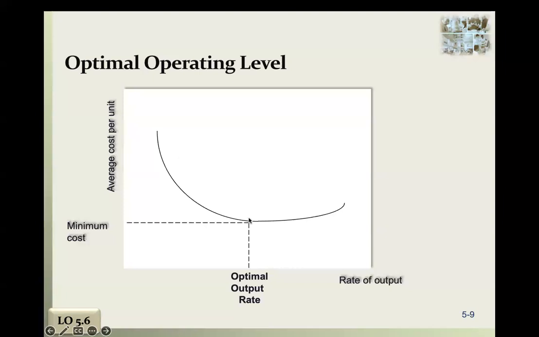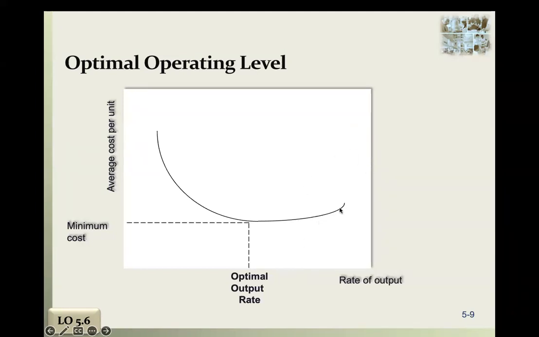So this point, the nadir point, the lowest point, we call the optimal output rate. Because when you go beyond that rate, and you are further increasing your output rate, a point will come when your cost will start increasing again, and it might go high, and it will make a U-shaped curve.